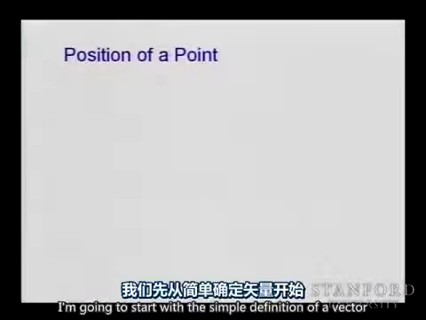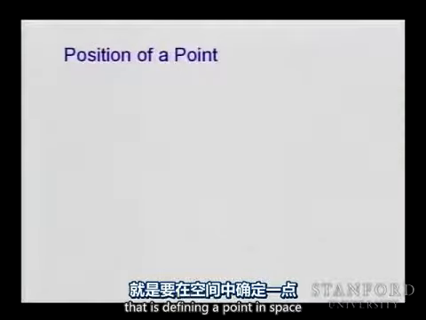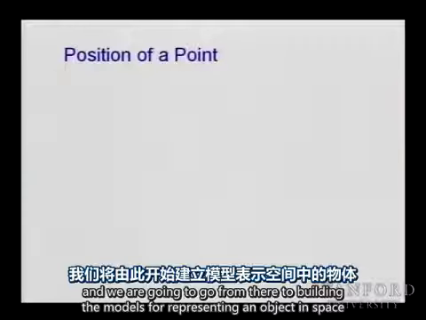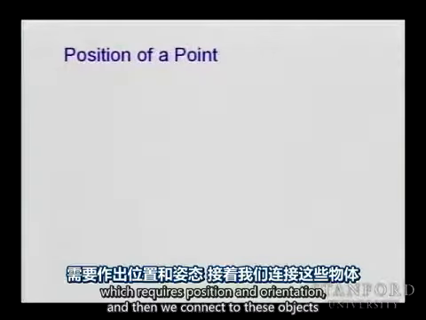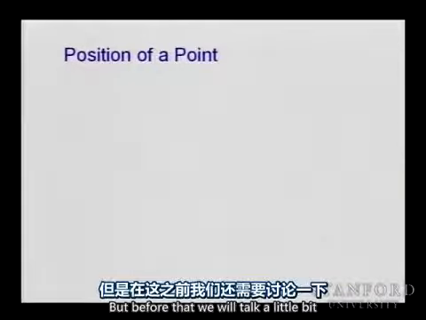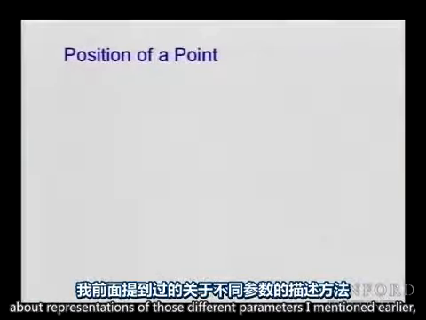So I'm going to start with the simple definition of a vector that is defining a point in space, and we are going to go from there to building the models for representing an object in space, which requires position and orientation, and then we connect these objects. But before that, we will talk a little bit about representations of those different parameters I mentioned earlier.